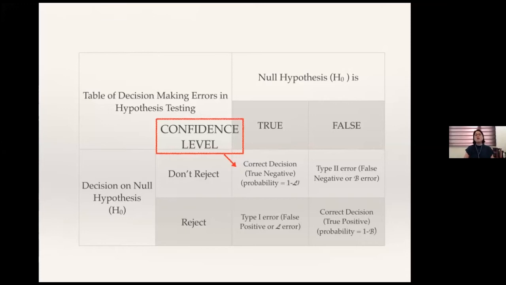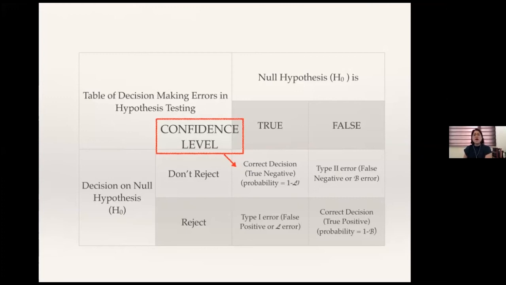Diba? So the accepted confidence level is 95% and above. So that is the chance of you making the correct decision that you do not reject a null hypothesis that is true. All right? So I hope that is clear.